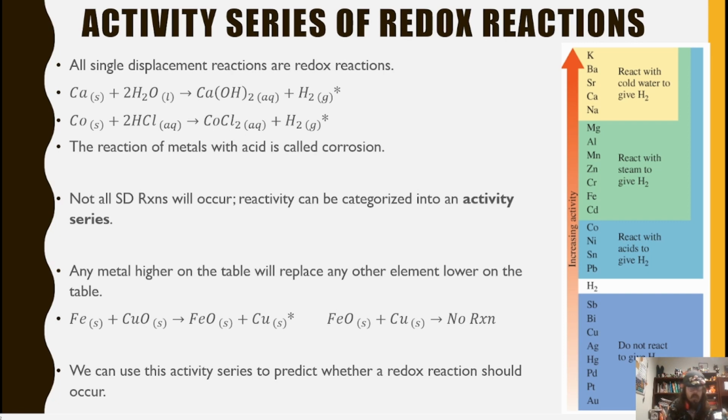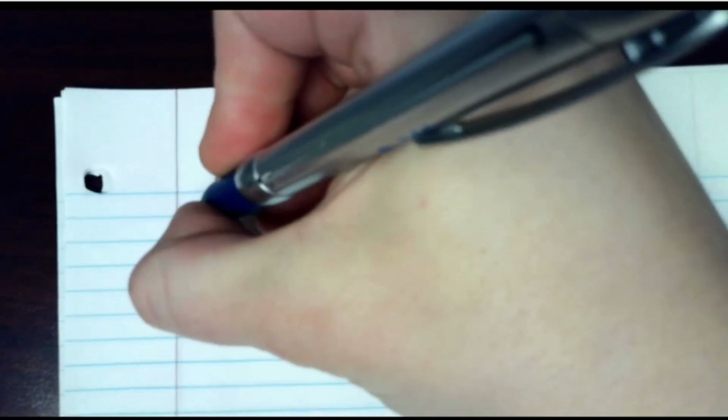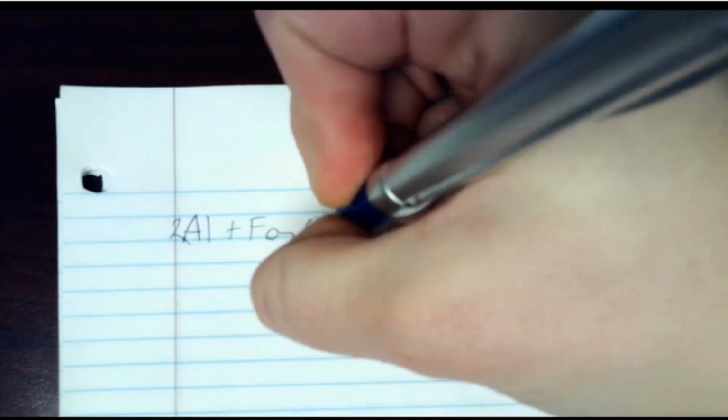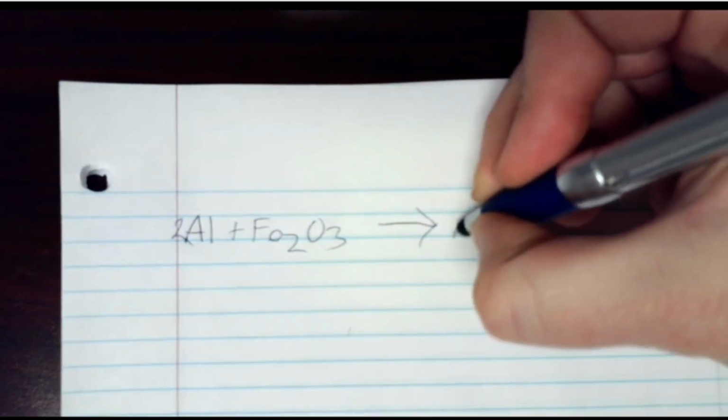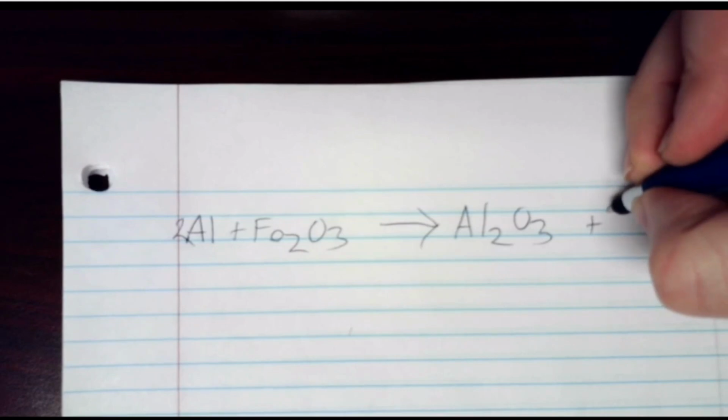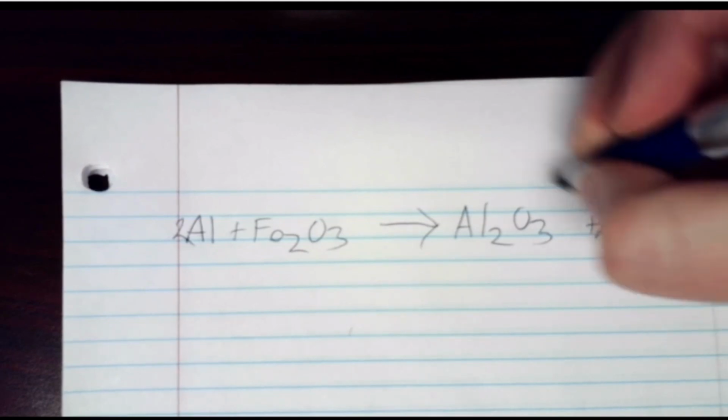Go back to my dockhand. If we have aluminum plus iron(II) oxide goes to aluminum oxide and iron, we said that reaction occurs. It's a redox reaction.